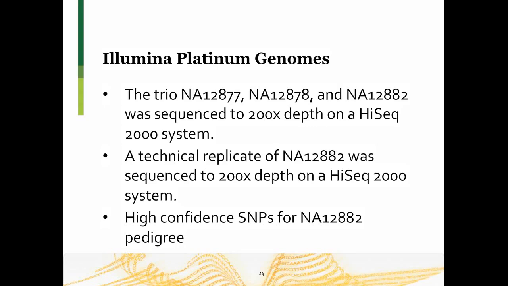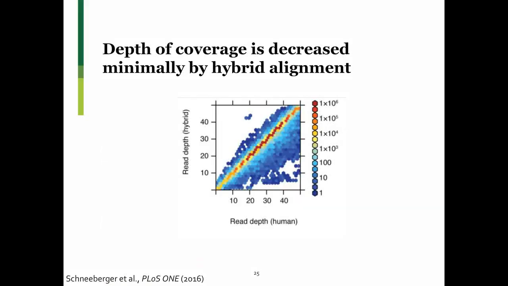So we started by downloading these genomes, and what we did was align them either to the human genome, which is on the x-axis, or to the hybrid genome, which is human and mouse. And then we examined what the read depth was at every base. And what we were concerned about is what's highlighted in this triangle, which is basically we wanted to estimate the potential loss of depth at different locations in the genome, because we didn't want regions of the genome to go dark because of too high homology between human and mouse.